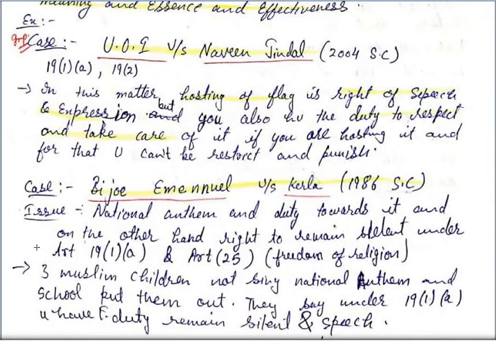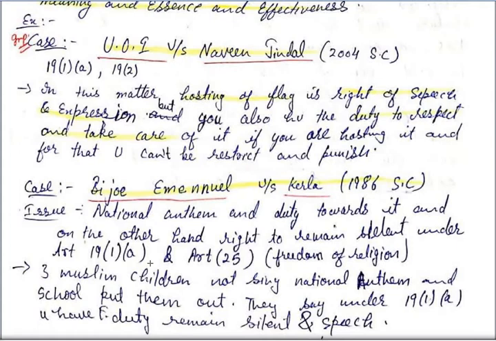एक और केस था, नोट डाउन, बिजॉय इमैनुएल वर्सेस स्टेट ऑफ केरला, 1986, Supreme Court. In this case also the issue was the national anthem and duty towards the national anthem, and on the other hand the right to remain silent, which is implicit under Article 19(1)(a). इस केस में 3 बच्चे थे and they were studying in a school.